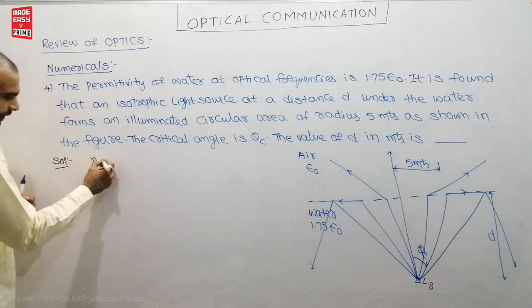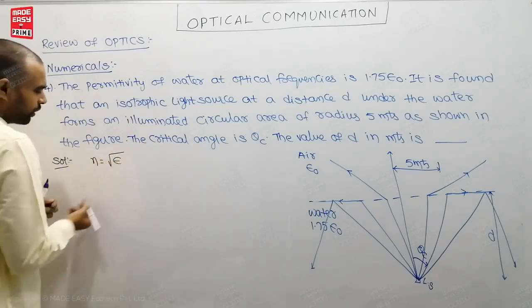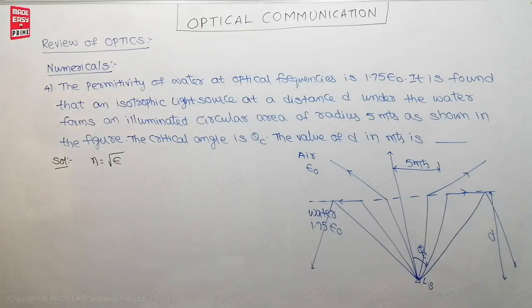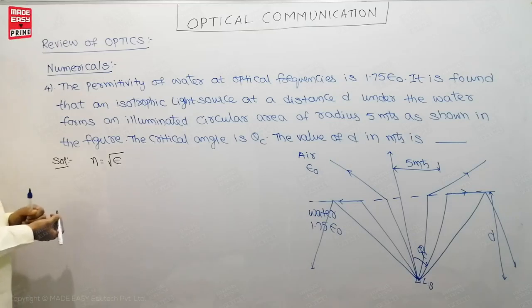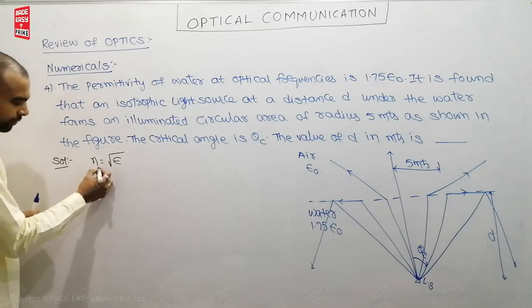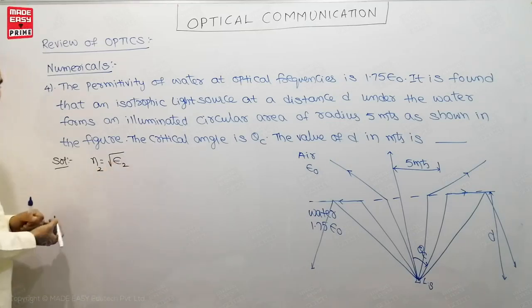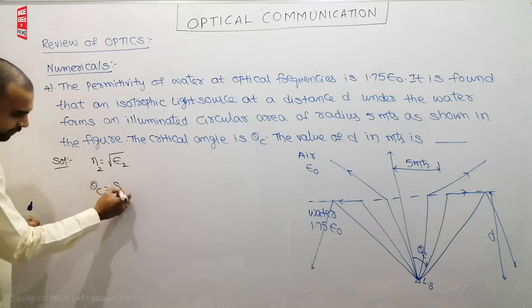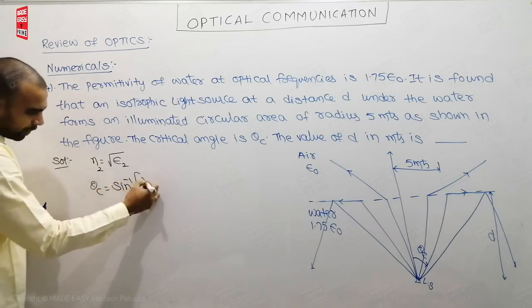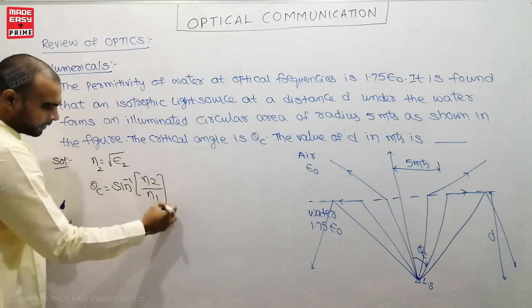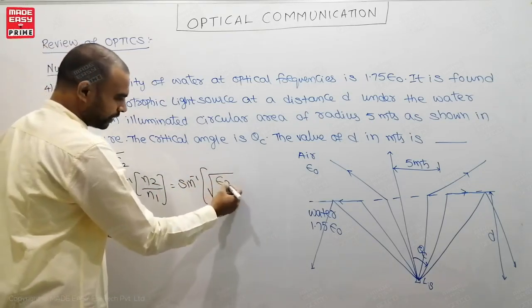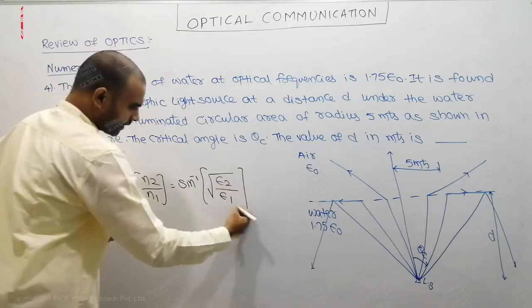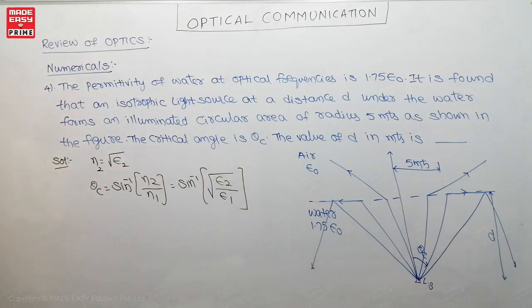We know that the refractive index n is equal to the square root of epsilon. So n2 is equal to the square root of epsilon 2. Theta c is equal to sine inverse of n2 by n1, which can also be written as sine inverse of the square root of epsilon 2 by epsilon 1.